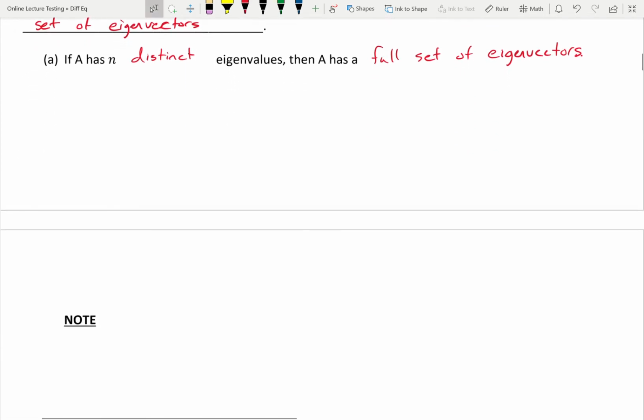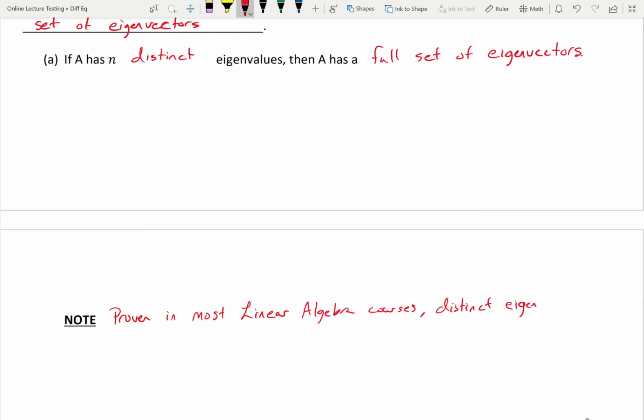So a note from this is this fact was proven in most linear algebra courses. So we're not going to talk about a proof, but what happens is if we have distinct eigenvalues, we have linearly independent eigenvectors.